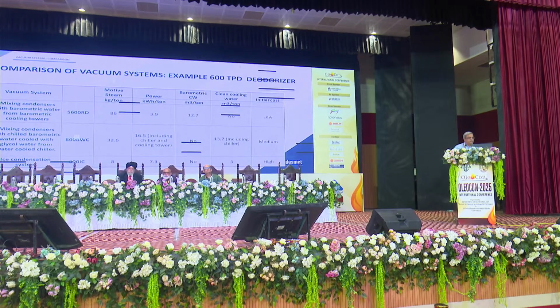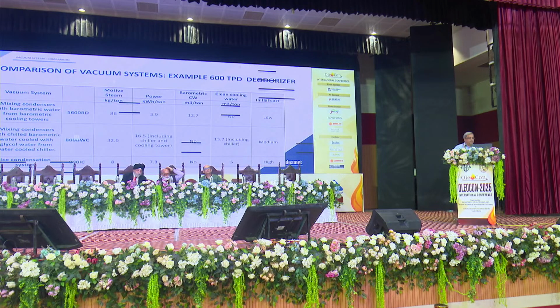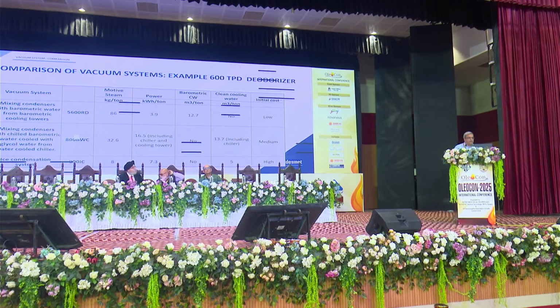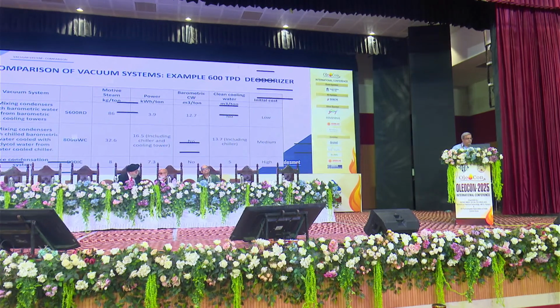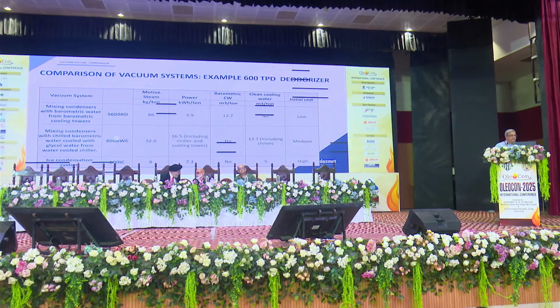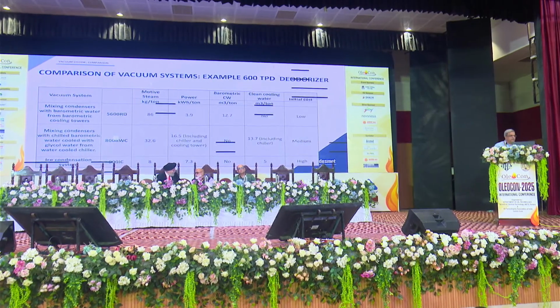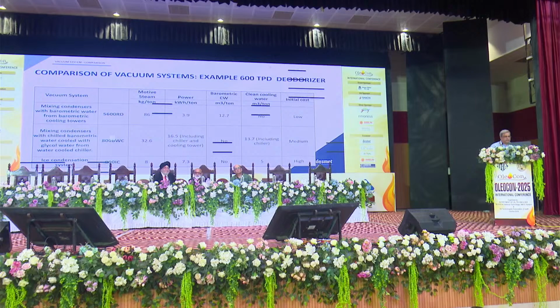The ice condensing system is even more extreme. It can reduce this 86 kg per ton steam, motive steam, to only 8 kg per ton. And even the power requirement is very low. It is only 7.3 units. So these are the advantages of these advanced vacuum systems, which are quite relevant today. They are also environmentally friendly because they eliminate the odor pollution and the effluent from the barometric cooling tower.